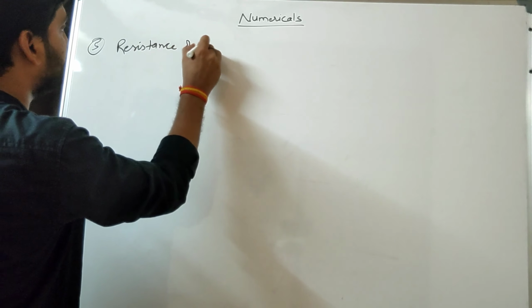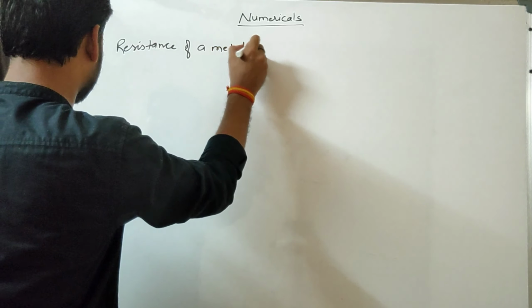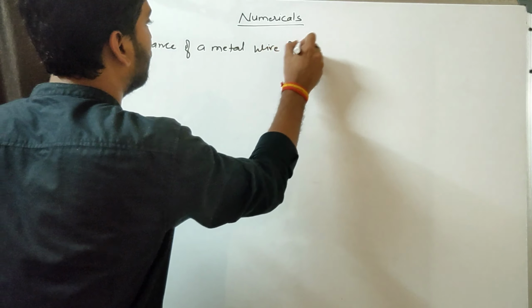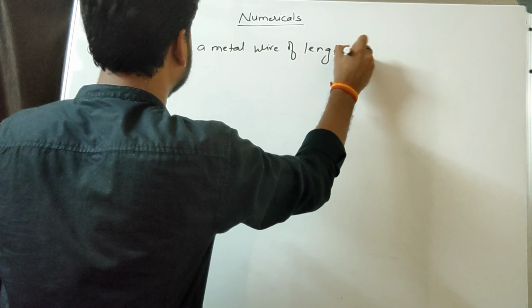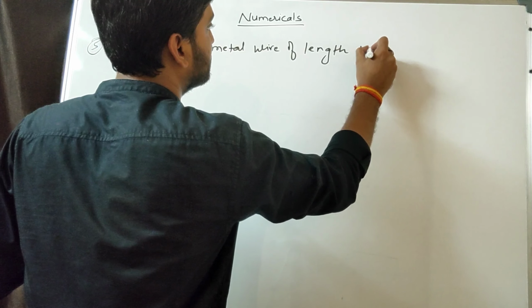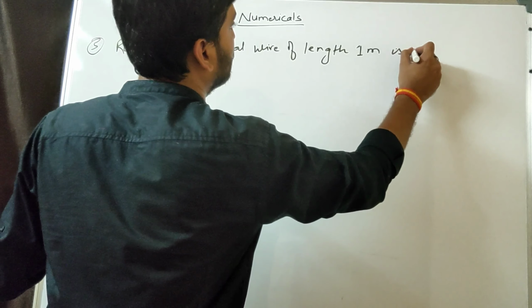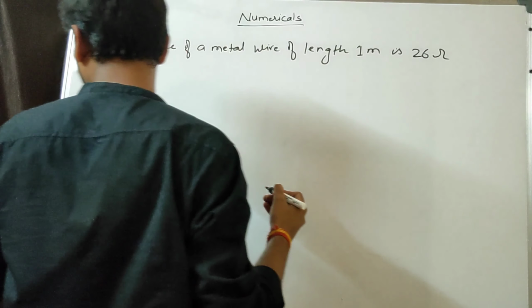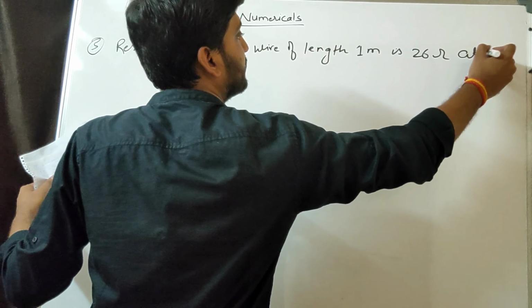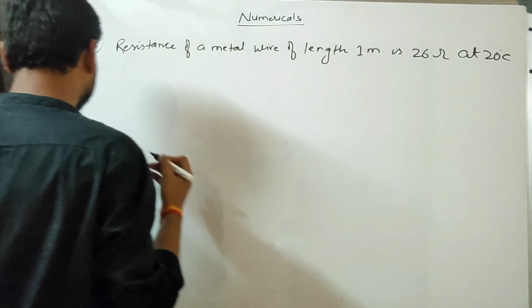Resistance of a metal wire of length 1 meter is 26 ohm at 20 degrees centigrade.